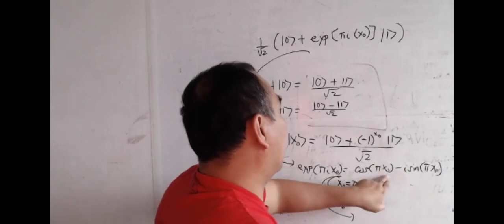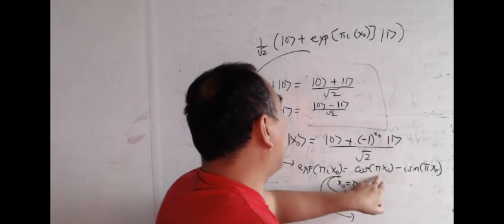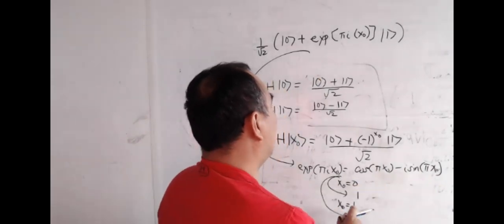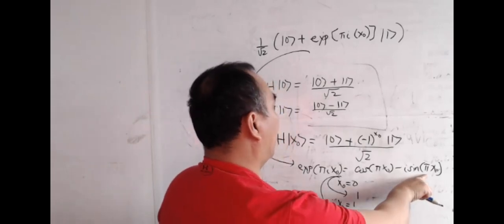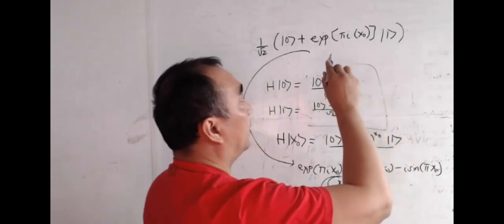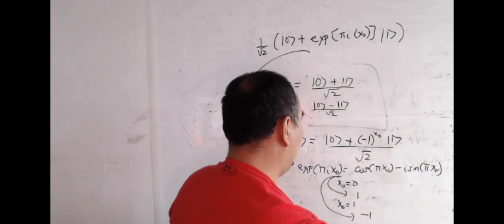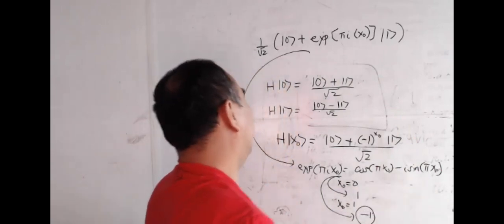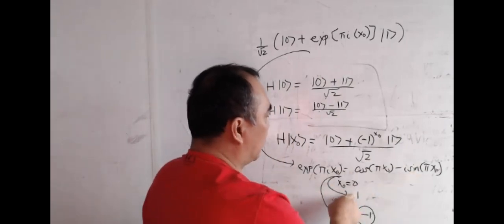then we have cosine of pi, which is -1, and sine of pi is always 0. So the value of this is -1. When x equals 0, the value of this expression is 1.